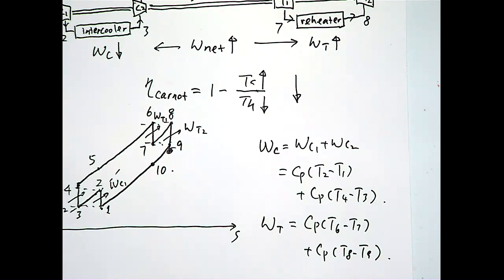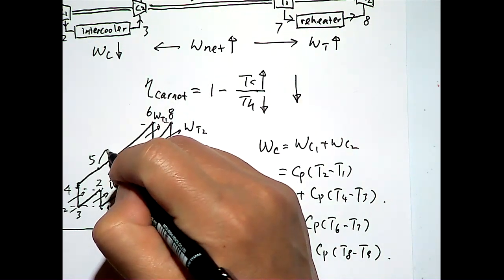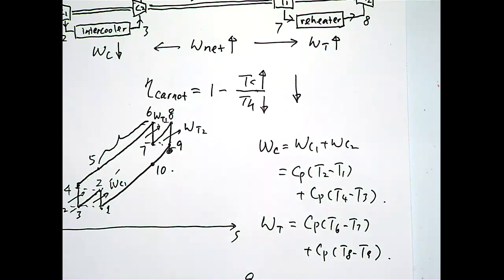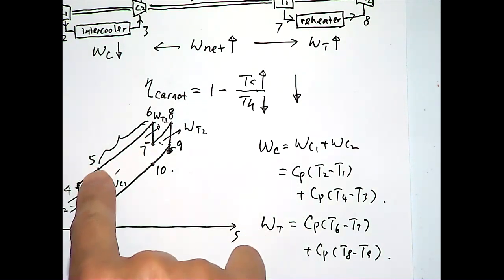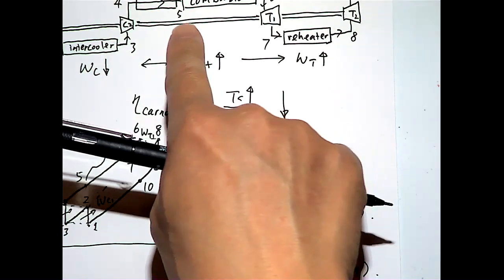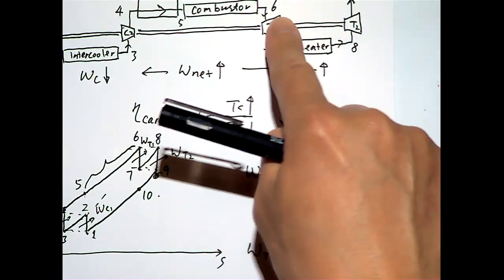So each has 2 components, and then the Q in. The Q in should equal this part, because the combustor only goes from state 5 to state 6, right?